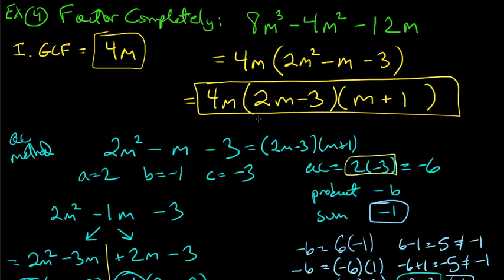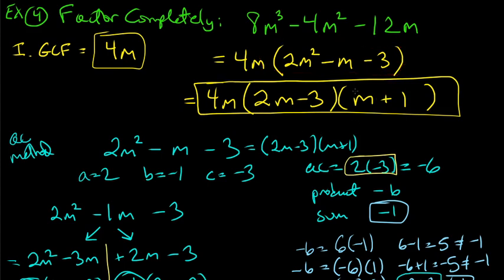You can verify that the 2m minus 3 and the m plus 1 are prime. You can't go any further with those. All right, so this was 2 steps: GCF, factor that out first, and then you have to make sure that this is not prime, that you can factor that further.